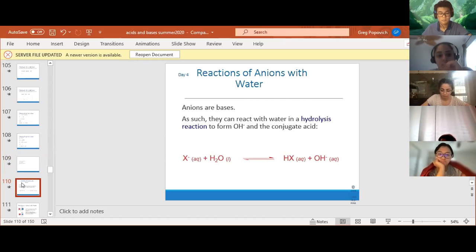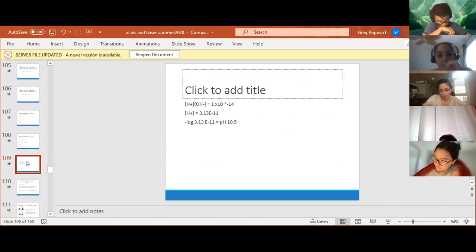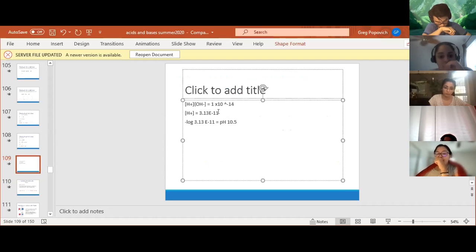Professor, yes, Araceli. On the slide before, I got a little bit confused on one part. I didn't understand how you got the 3.13 e to the negative 11. That's the concentration of my OH minus.